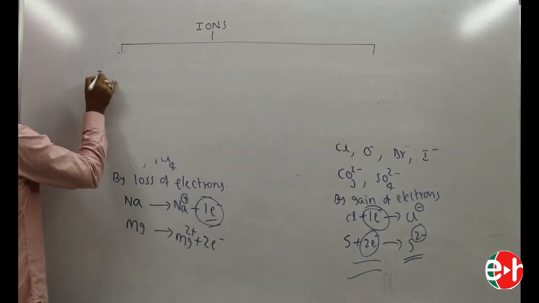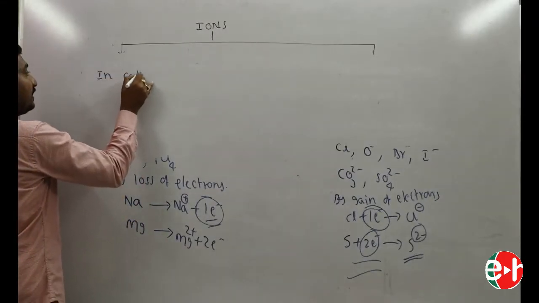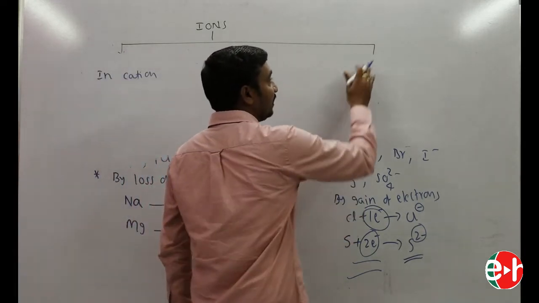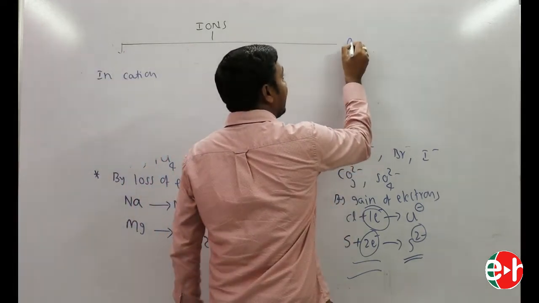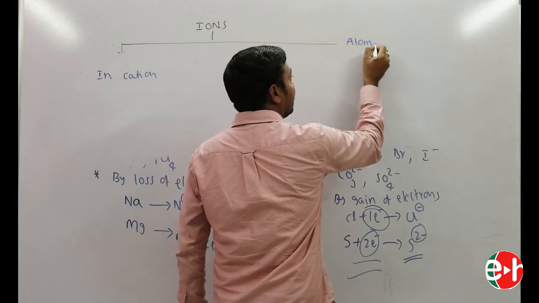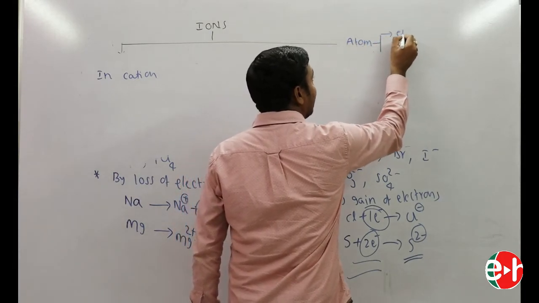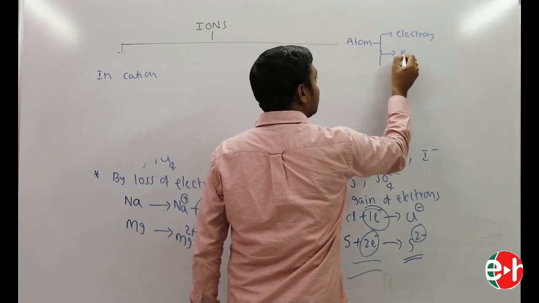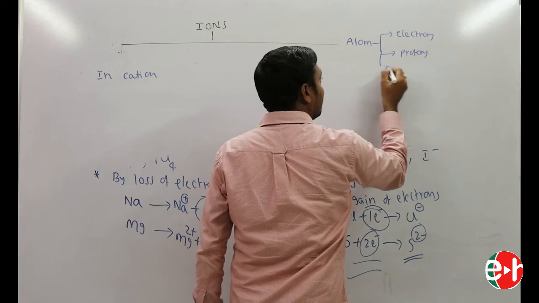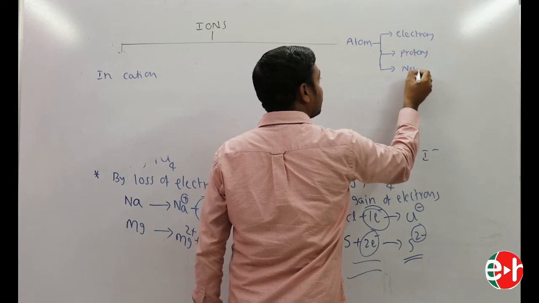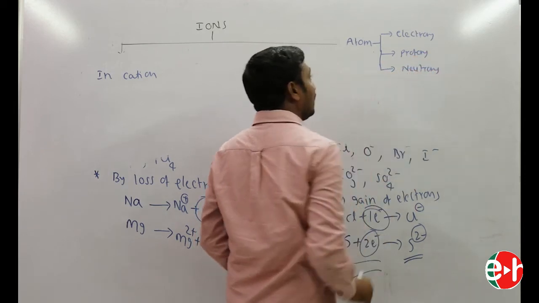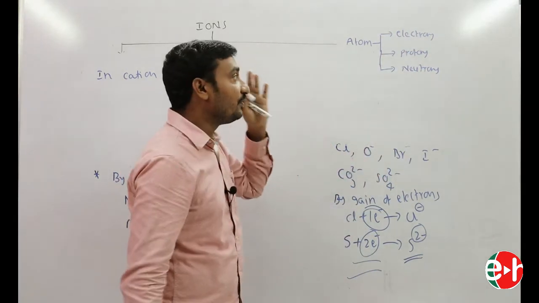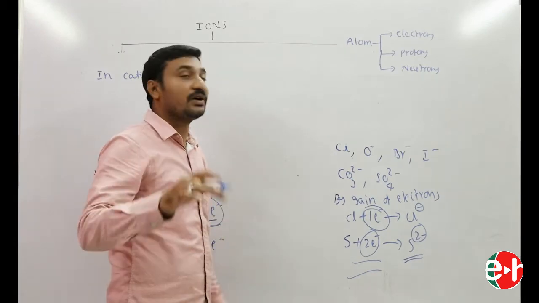Next, in a cation, we know before, an atom contains electrons, protons, neutrons. These are subatomic particles. We will discuss them in detail in the further class.